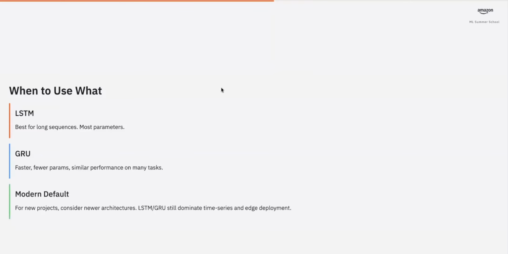For a new project today, transformers often win and are worth considering first, but LSTM and GRU still dominate in specific scenarios, like time series forecasting, streaming applications where you can't batch your inputs, and edge deployment where model size is constrained. At Amazon, we still use LSTM-based models in production for exactly these kinds of use cases.